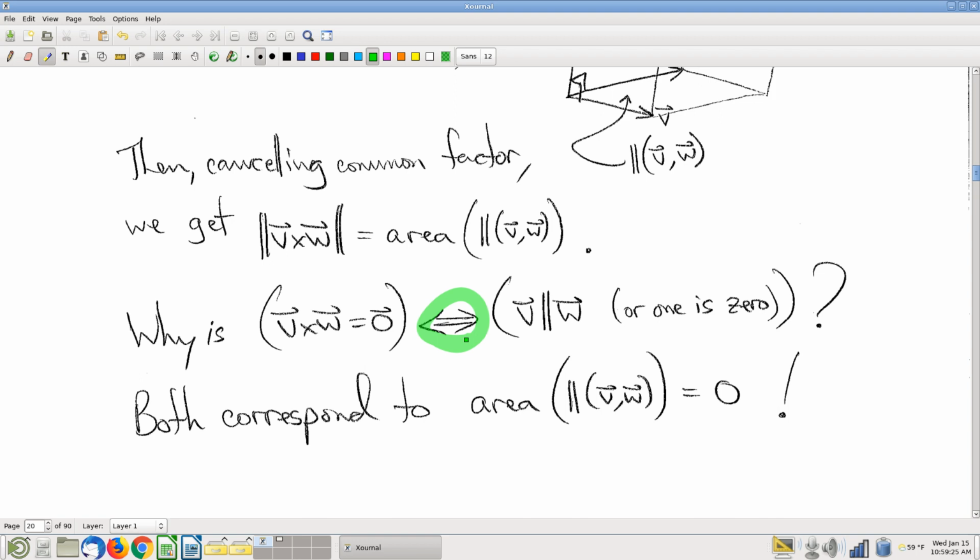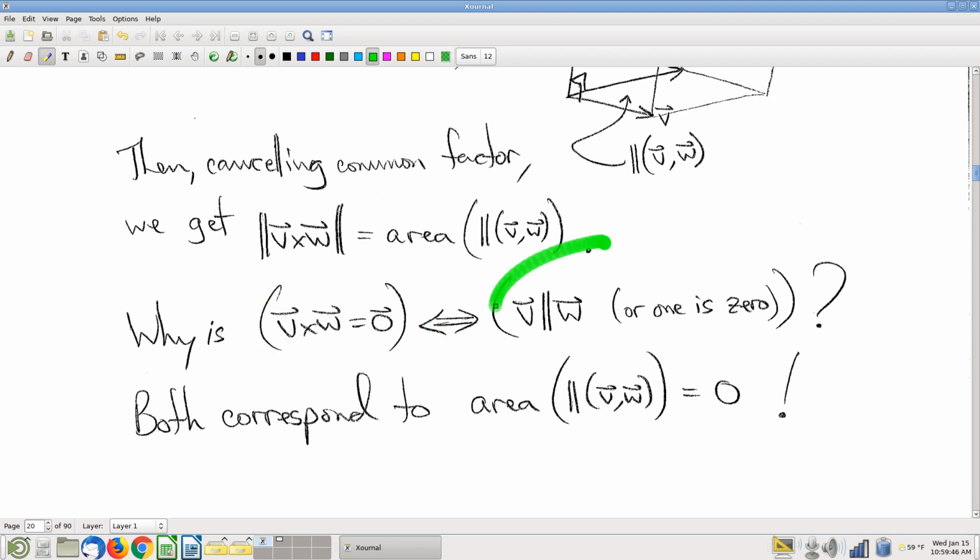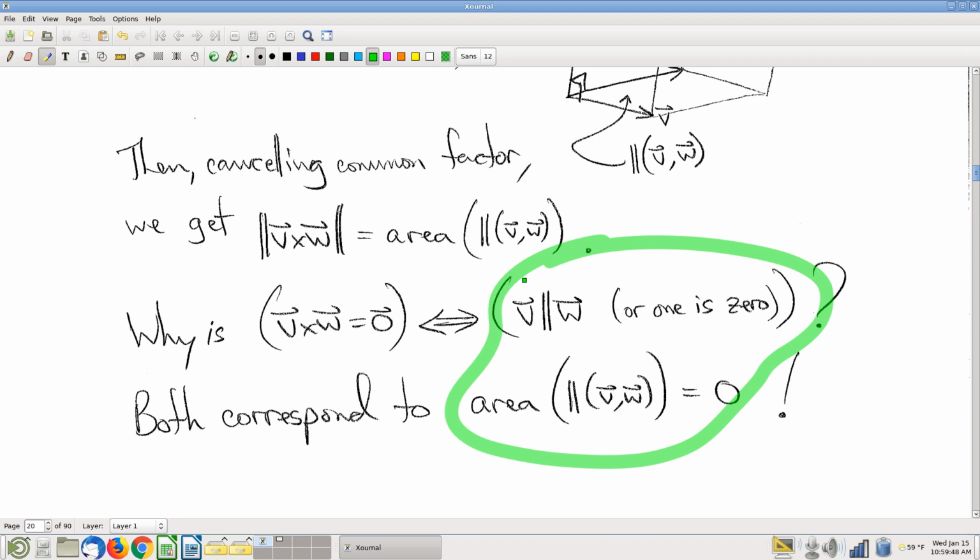Seemingly not obvious, but notice both of these facts are easily relatable to the area of the parallelogram being zero, right? This right here: if the length of the cross product is zero, well, the area is zero. That's what this formula right here says. We just proved it. Geometrically satisfying, right? And why should these be simultaneous?